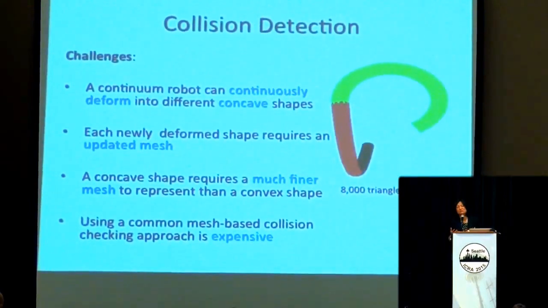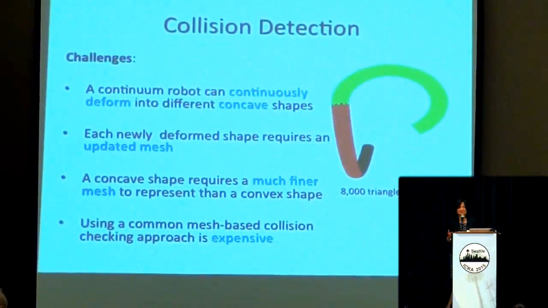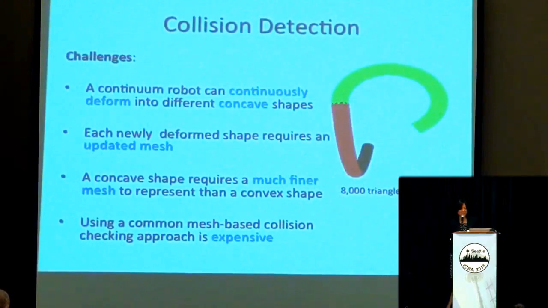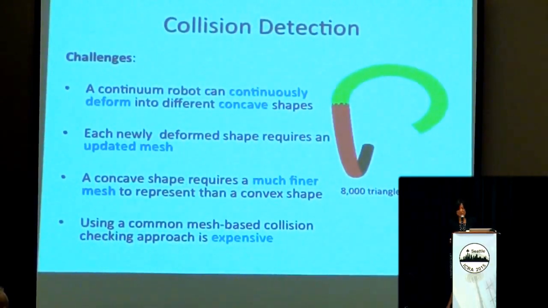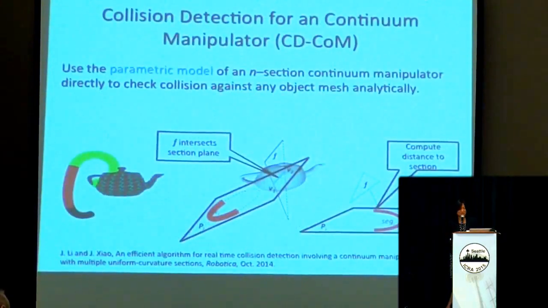I'm talking about mesh because in the conventional collision detection algorithms, usually objects are represented as polygonal meshes. So if we use a common mesh-based collision checking approach, continuum manipulators can be quite expensive as the manipulator changes configurations.